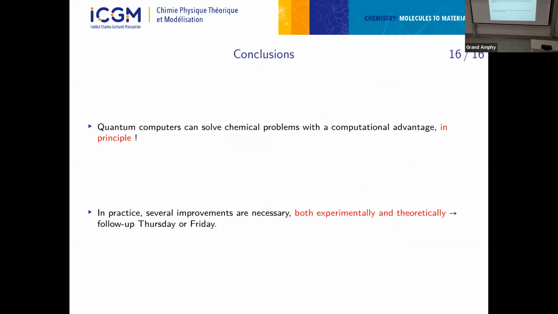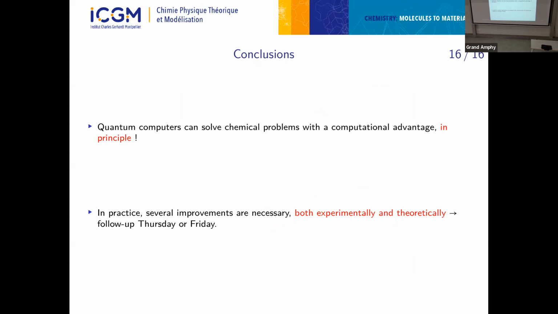Okay, so let me just conclude this presentation. I wanted just to show you what we can do in a big picture with quantum computers. So in principle, we definitely have a quantum advantage. In practice, of course, this is definitely not true yet, except in some very specific problems, as Google showed a few years ago.